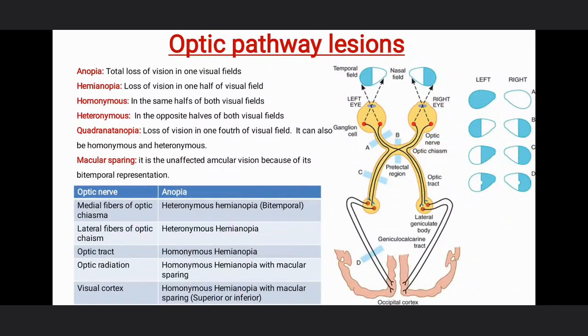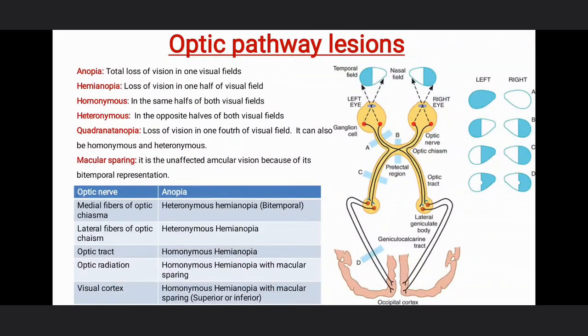Quadranopia, a loss of vision in one quarter of the visual field, either homonymous or heteronymous. The macular sparing, as I already mentioned, means macular vision is not affected because of its bilateral representation.